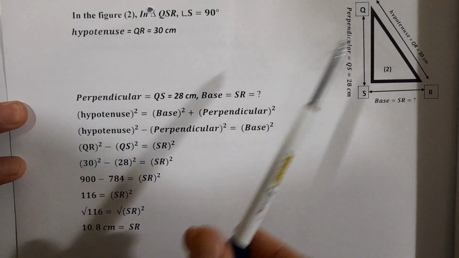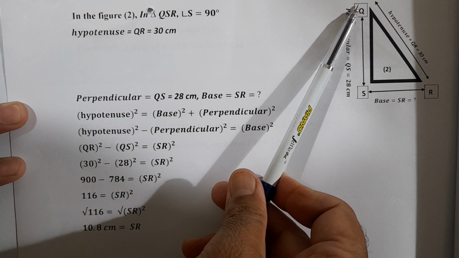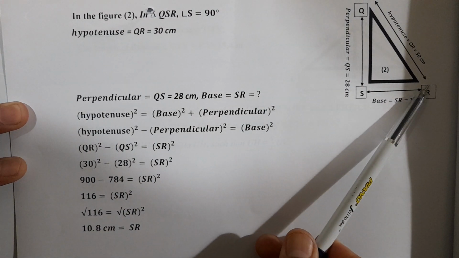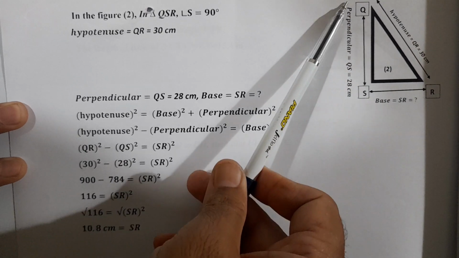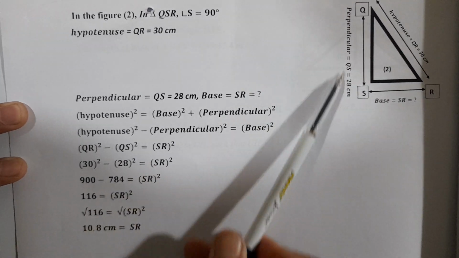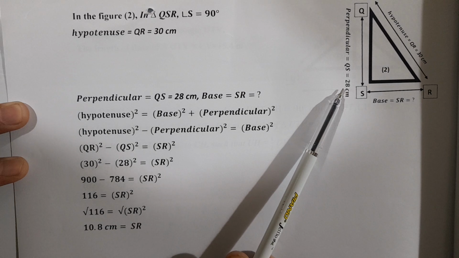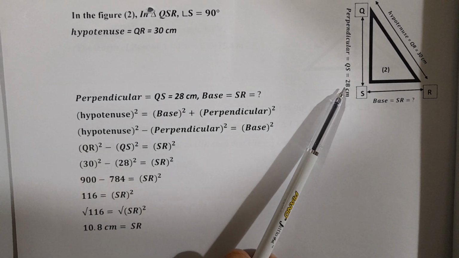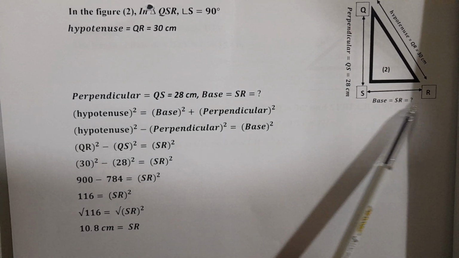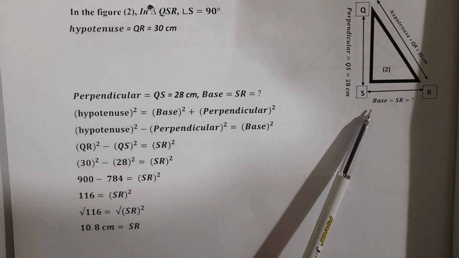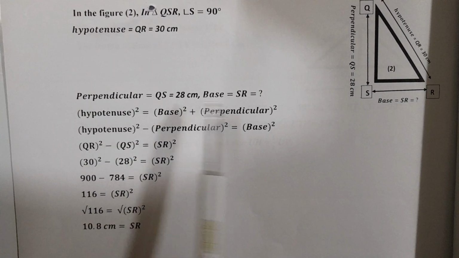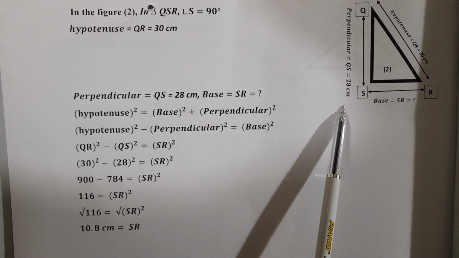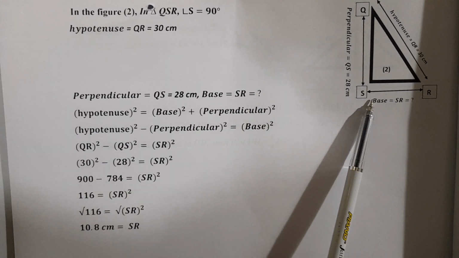Now, this is the triangle QSR. We knew the value QR is 30 centimeters. We knew the perpendicular QS is 28 centimeters. In the previous page, we found this value, and we have to find the value of base SR. So, hypotenuse is 30, perpendicular is 28, and base SR we have to find.